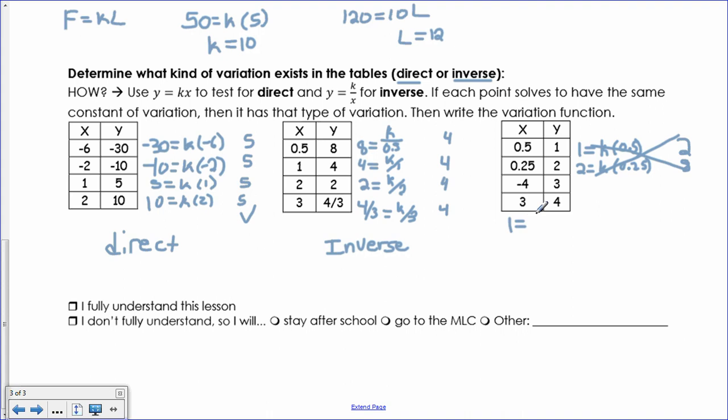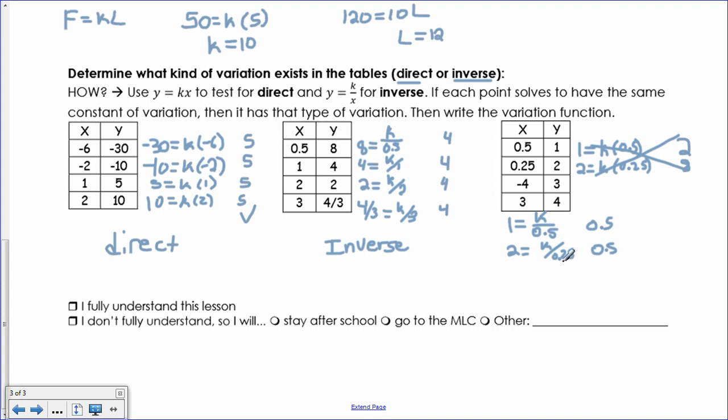If I have 1 is equal to k divided by 0.5 this time, by plugging into the inverse, if I solve that, I would get 0.5. Right? If I plug in the next point, 2 equals k divided by 0.25. I think that one is also 0.5. Let me just double check. 2 times 0.25, yep, is still 0.5.